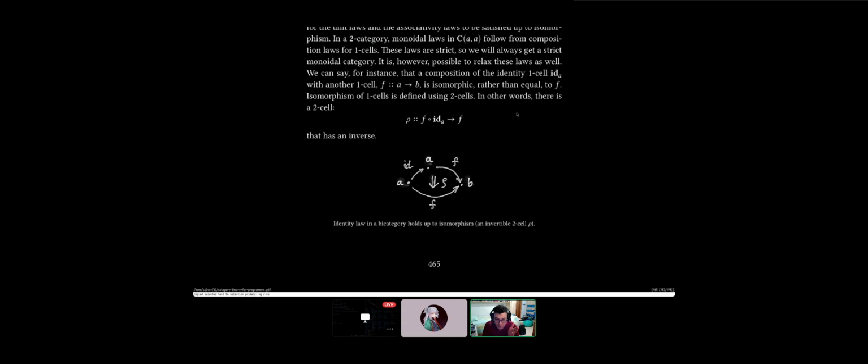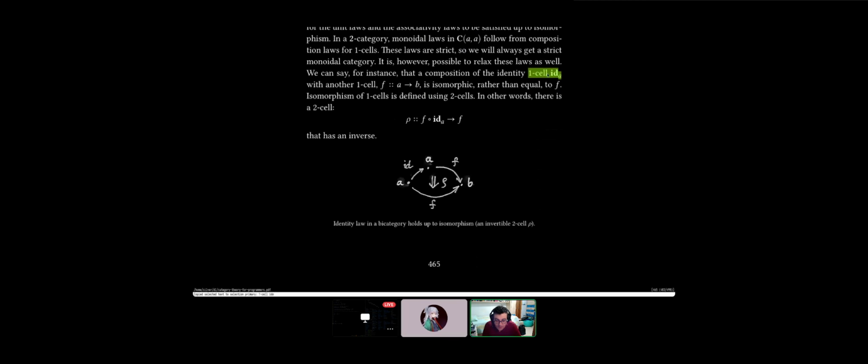So in a two category, monoidal laws follow from composition laws for one cells. These laws are strict, so you always get a strict monoidal category. It's possible to relax that the composition of the identity one cell, so that's the identity interpreted as an arrow, this would be the identity functor in Cat, for instance, with another one cell, which is also an arrow, is isomorphic rather than equal to f.